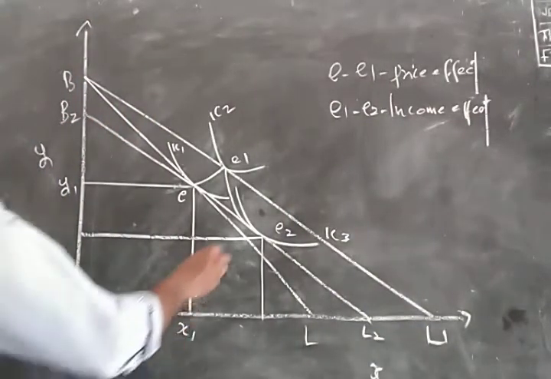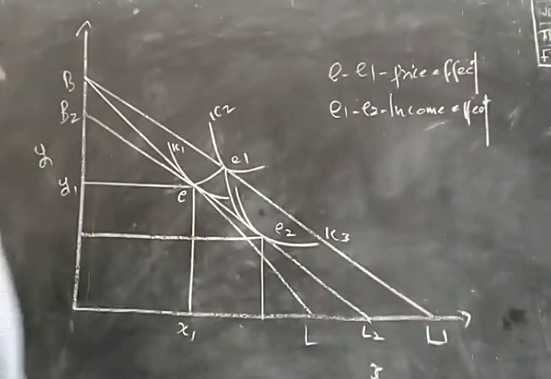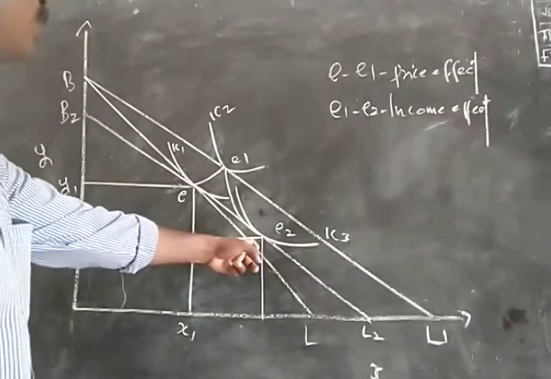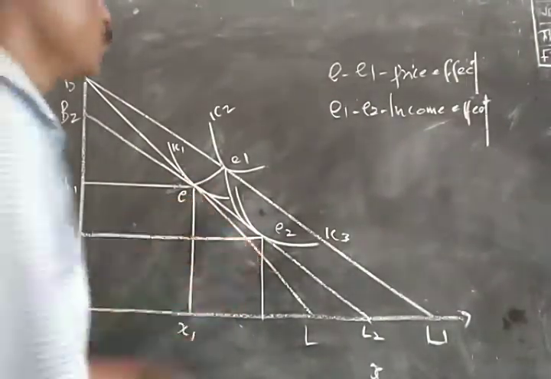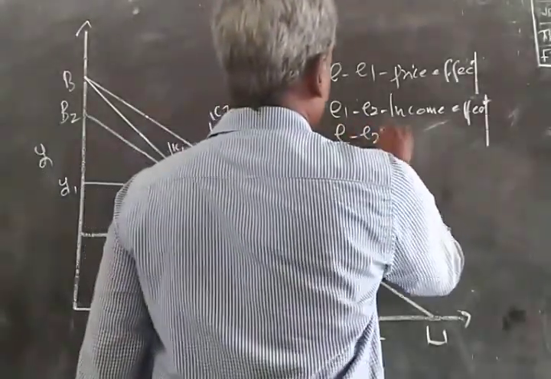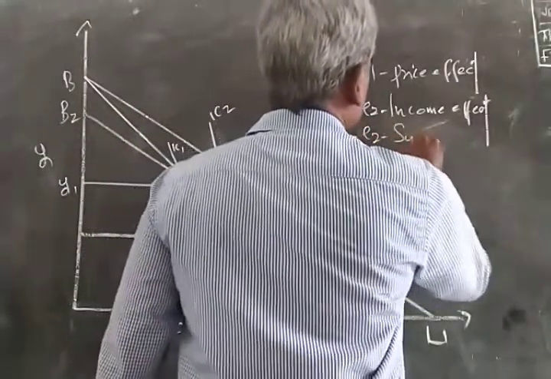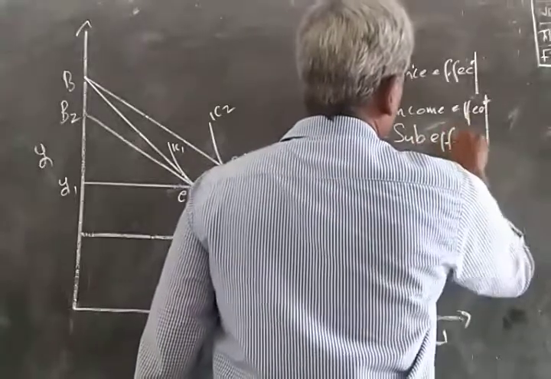Here we are reducing the income effect, and what remains, E to E2, is the substitution effect.